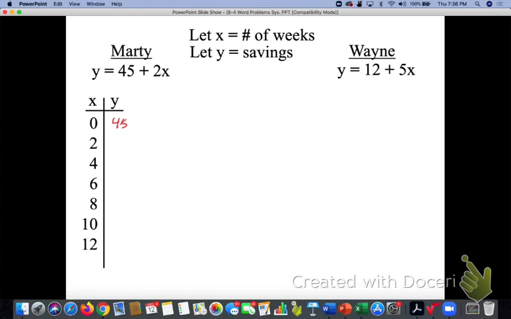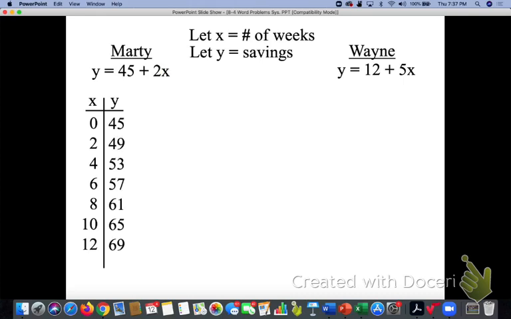If I have 2 weeks, 2 times 2, that's 4 plus 45, it's 49. And we can keep going on and on. If I have 4 weeks, 45 plus 2 times 4, that is 45 plus 8, that is 53, and so on, okay?